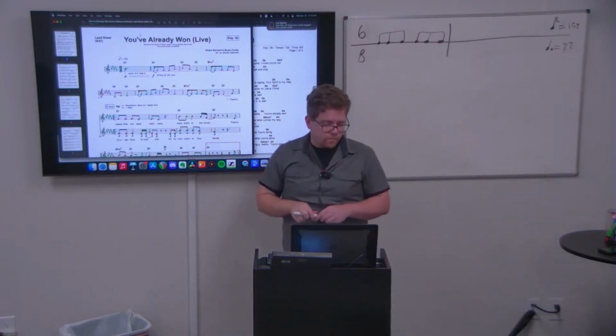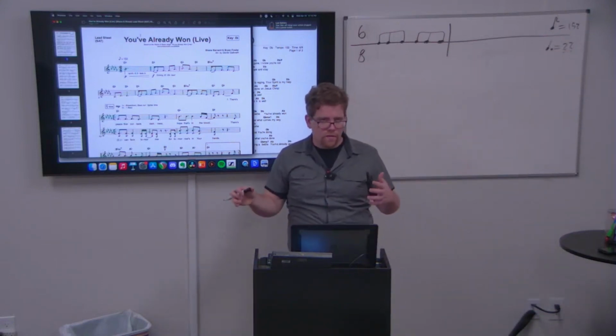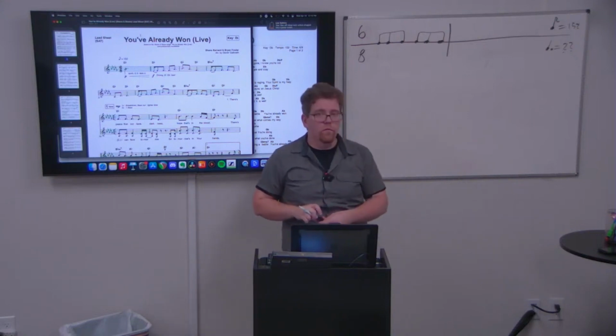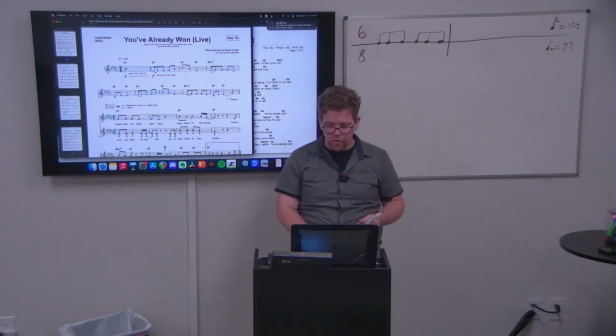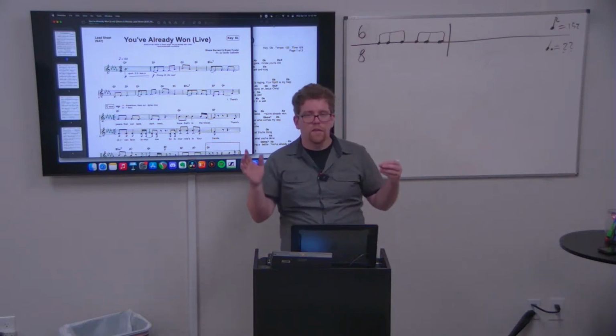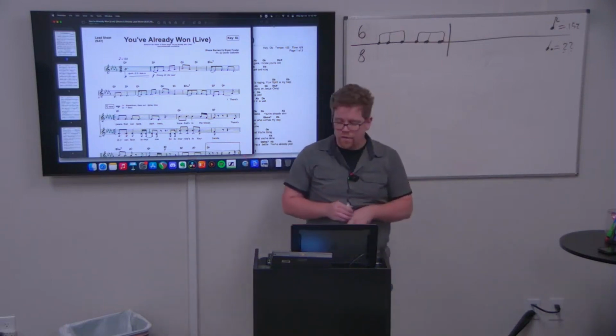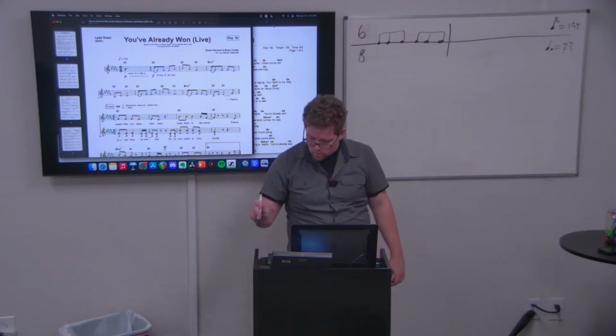So you need to be aware of what tempo marking is being used, because if it says a dotted quarter note equals a certain tempo, then your tempo marker would change.